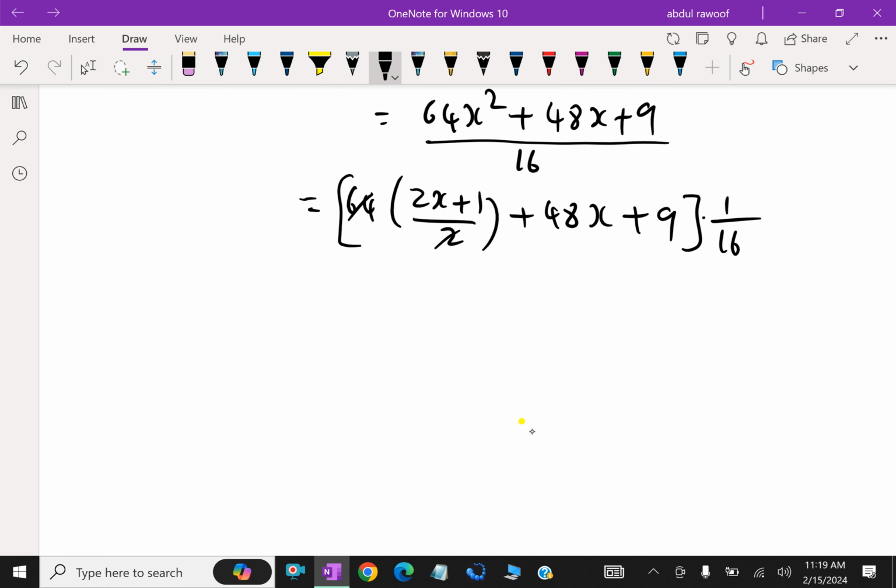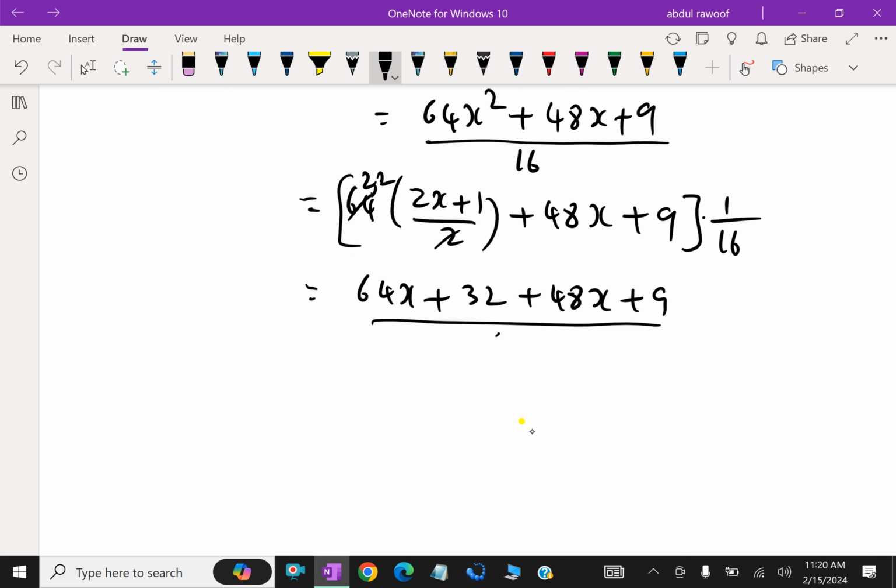Cutting 2, 32 into 2x is 64x plus 32 plus 48x plus 9 over 16.